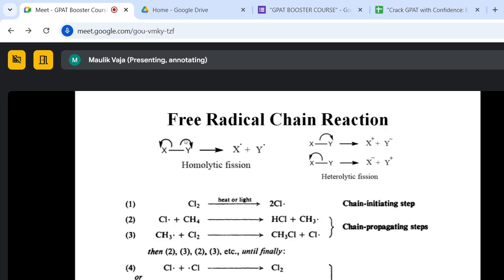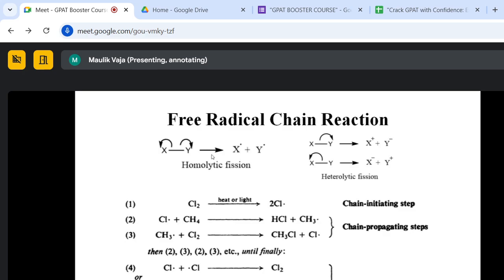Here I have given two types of fission, that is bond breakage. When any compound undergoes homolytic cleavage, it will generate free radicals. Remember this, it is also asked. After homolytic fission, what will be formed? Free radicals form, and after heterolytic fission, cations and anions will be generated.